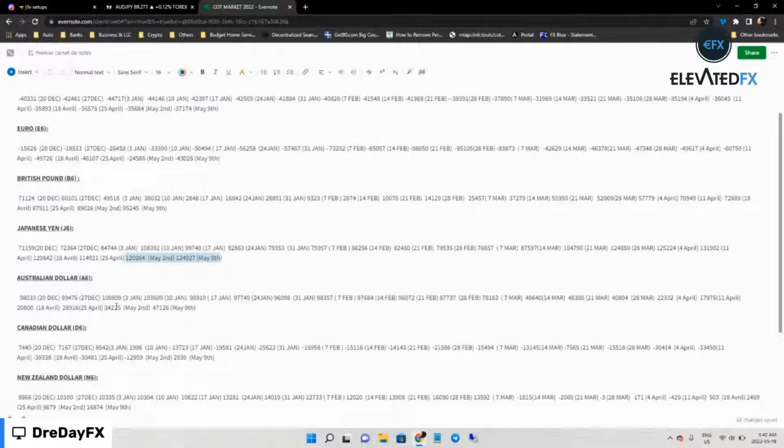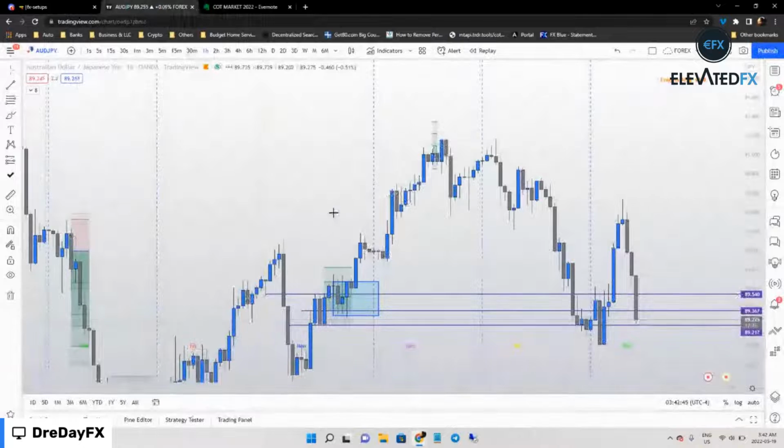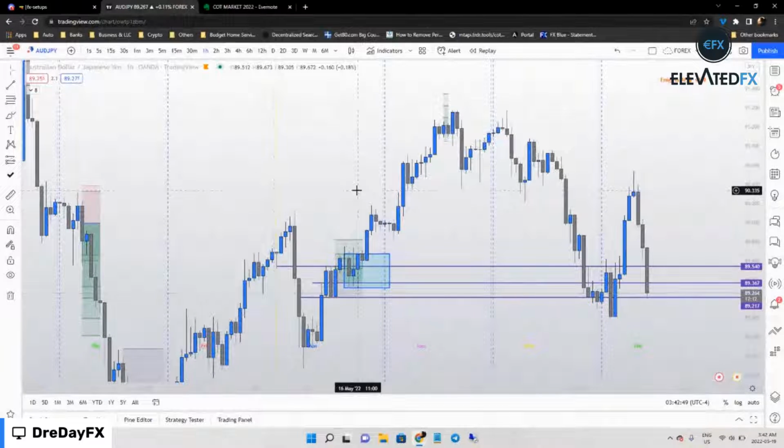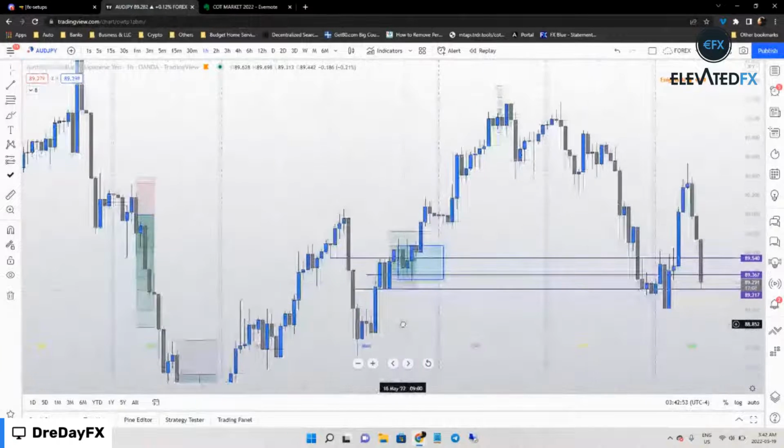And then Australian dollar, you have it at around 13,000. Okay, so Australian dollar between the yen, I would look at taking positions on this pair, going long or short, depending on where you're at in the market.